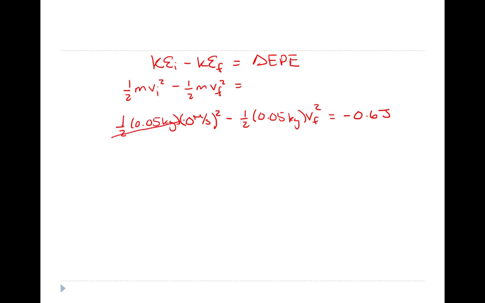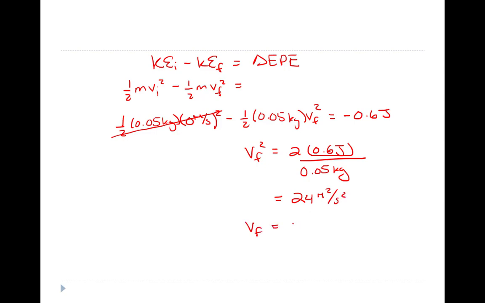This term goes to 0, so I don't need to worry about it. And the minus signs are going to cancel. So that's going to give me V final squared equals 2 times 0.6 joules divided by 0.05 kilograms. And if I plug that all in, that gives me V final squared is 24 meters squared per second squared, which corresponds to V final of 4.9 meters per second.